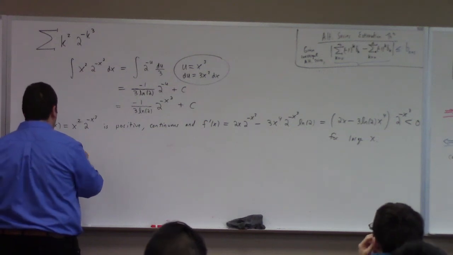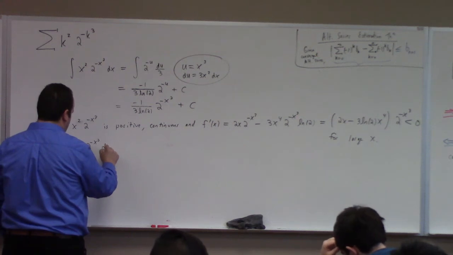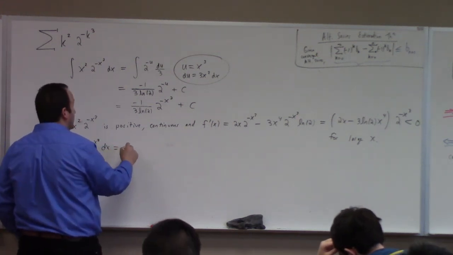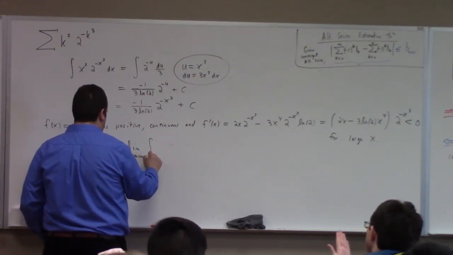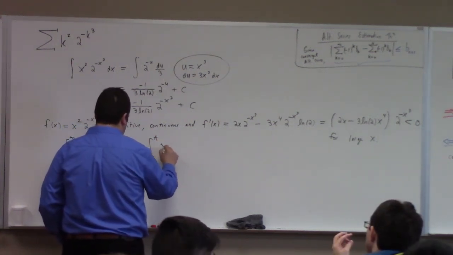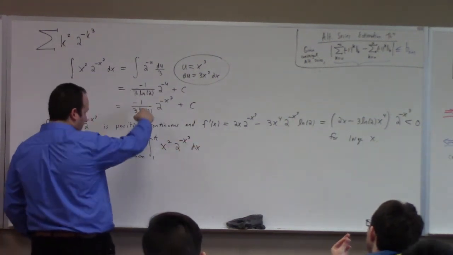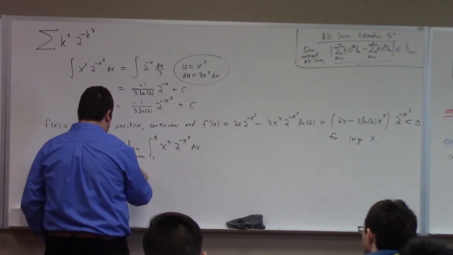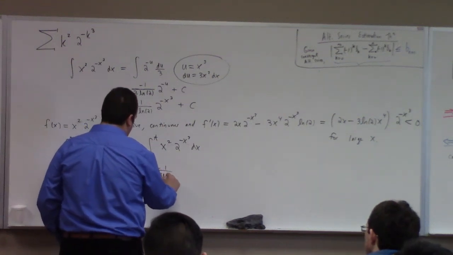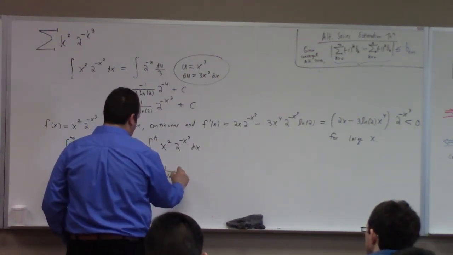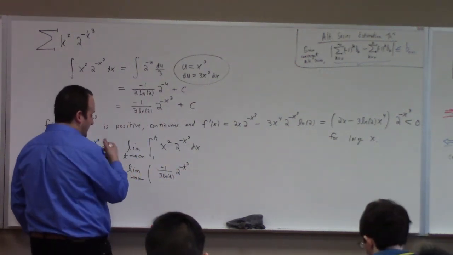The integral from 1 to infinity of x squared 2 to the minus x cubed dx would be the limit as t goes to infinity of the integral from 1 to t of x squared 2 to the minus x cubed dx. If you plug in 1, what does that give you?